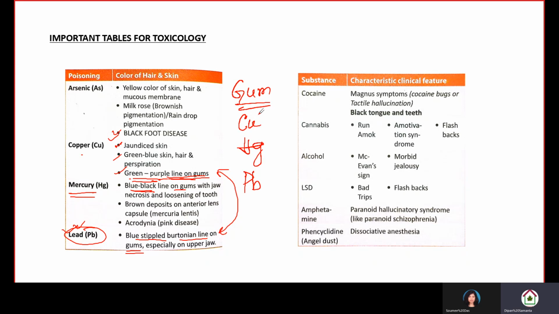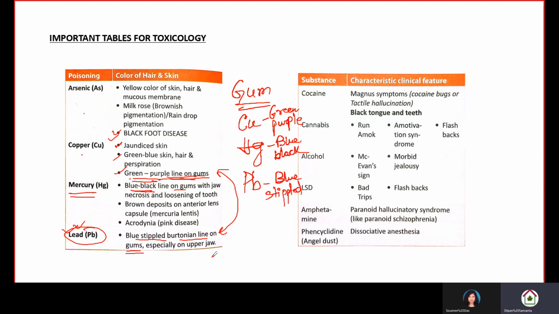In copper, green purple. In mercury, blue black. In case of lead, blue stippled.